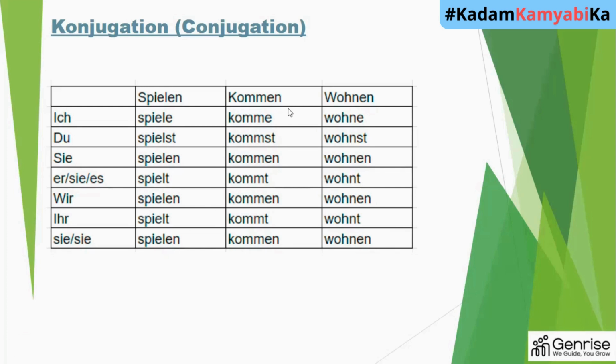Similar way, kommen is the verb. Ich komme. That means I come. Du kommst. Sie kommen. Es kommt. With a t ending.